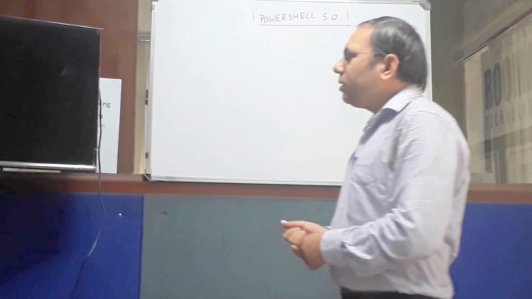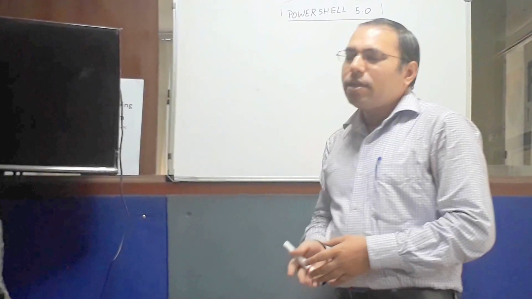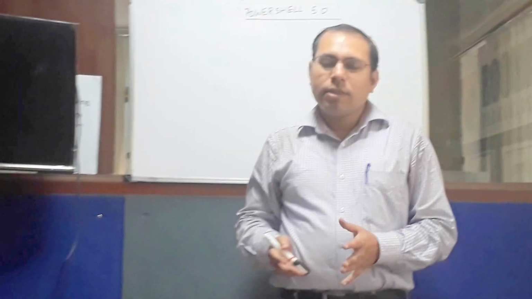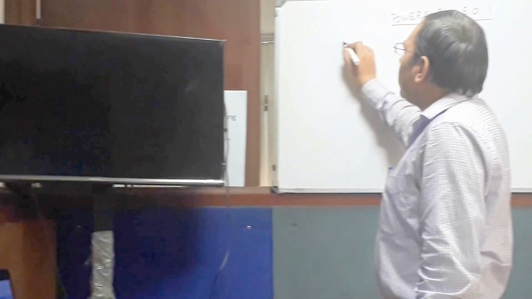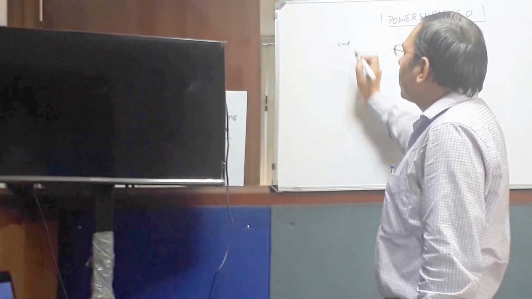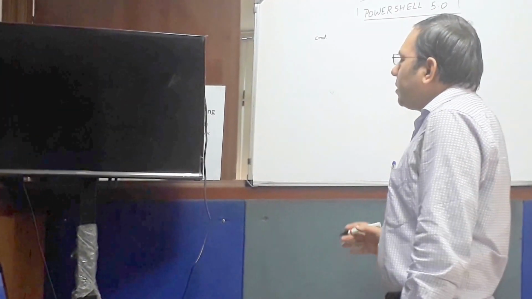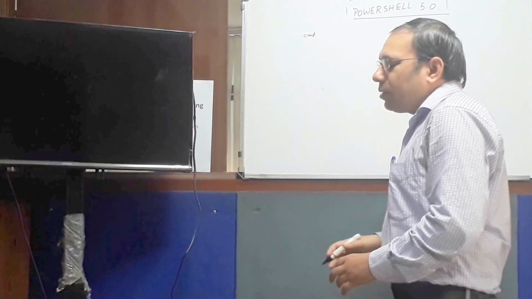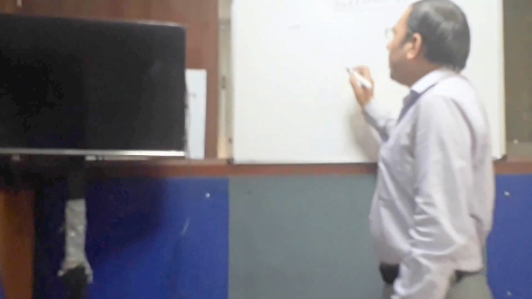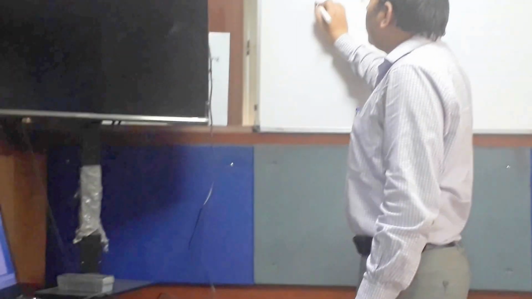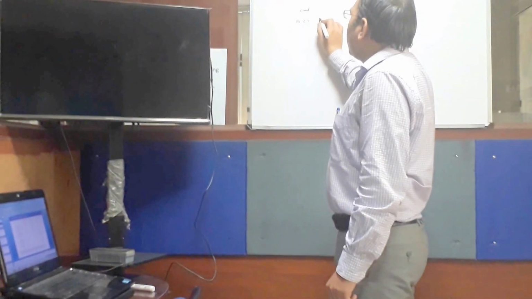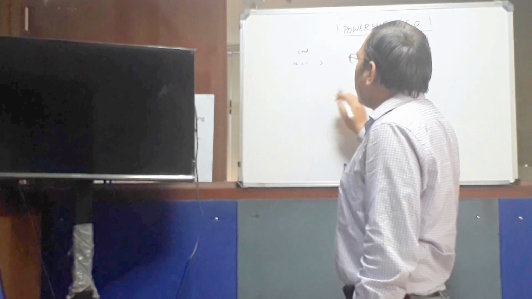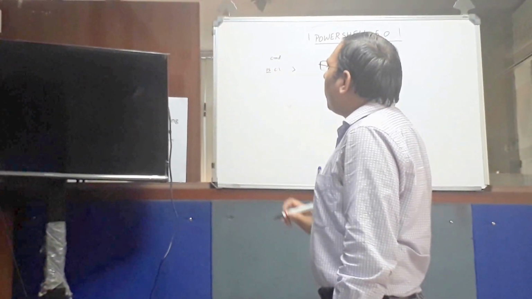The first thing, when we open any PowerShell, you will find more similarity to CMD. But the similarity is just till here. When it pops up, in PowerShell it will start with PS and C slash, and it will give you the path, and here you can write. PS here stands for PowerShell.